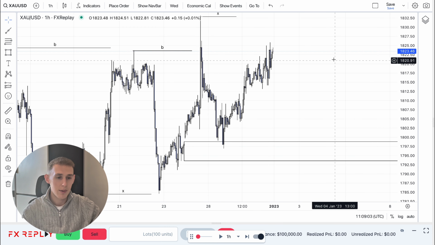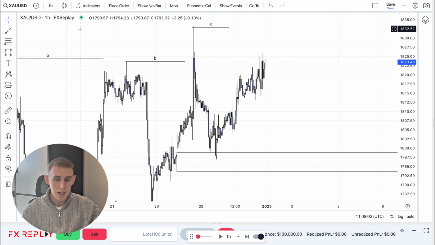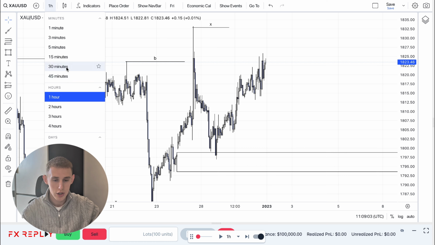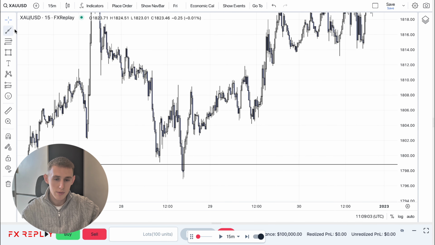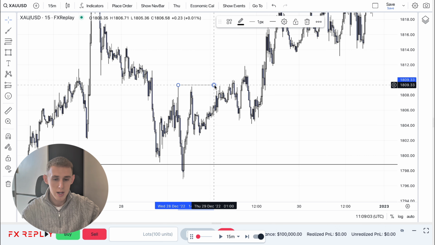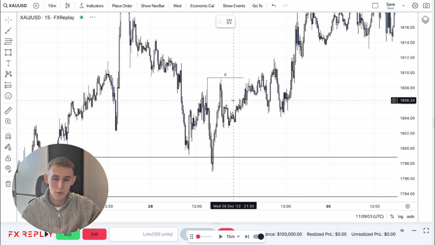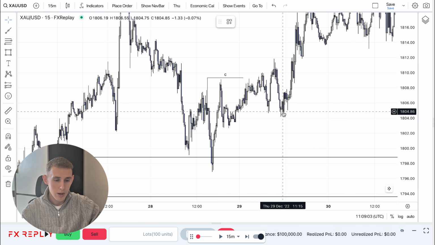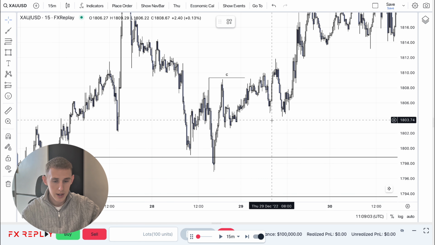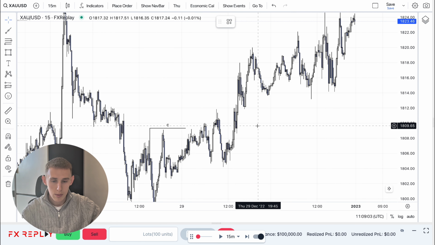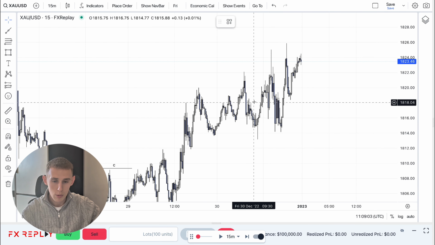So what we can do now is break it down to the lower time frames and see some of the more refined structure. So 15 minute, we've had this change of character. That would have been a nice trade, but unfortunately it happened just before the start of the session. Price reacting from demand. Price continues to push up. We've had this 15-minute pullback there.